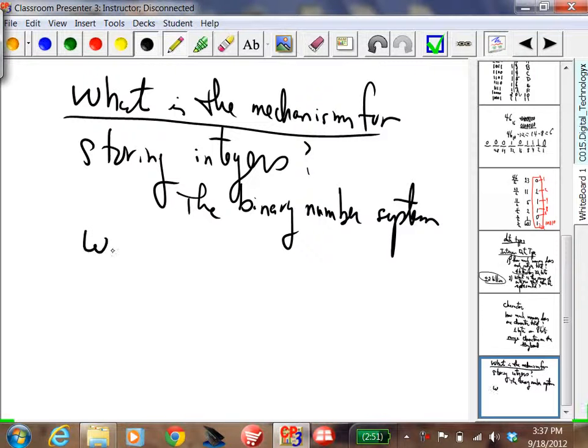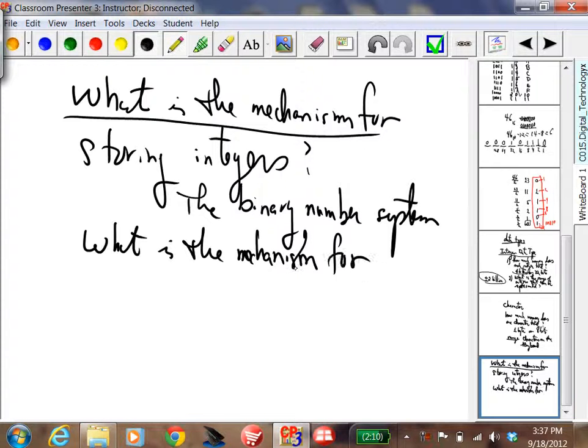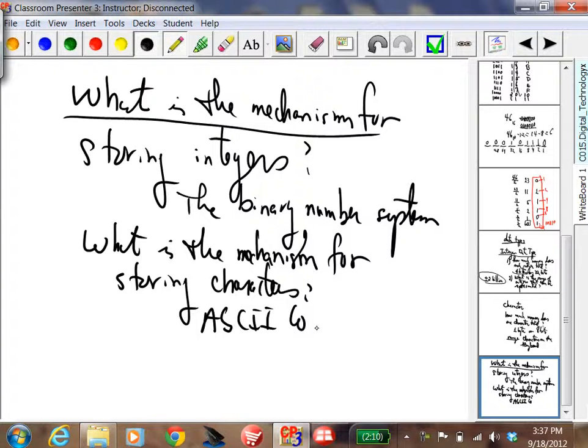And what is the mechanism for storing characters? ASCII code or the Unicode? ASCII kind of the old way, limited really to our alphabet, one alphabet. Unicode, the new universal way of storing characters.